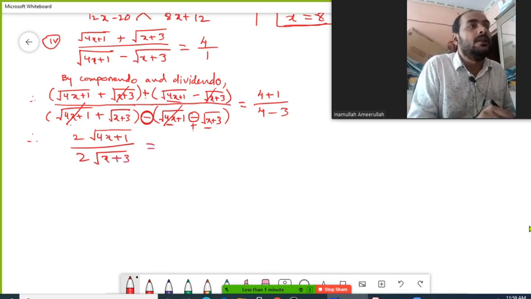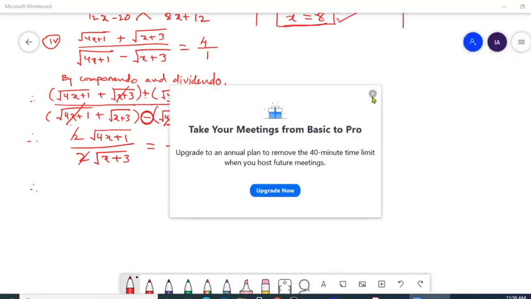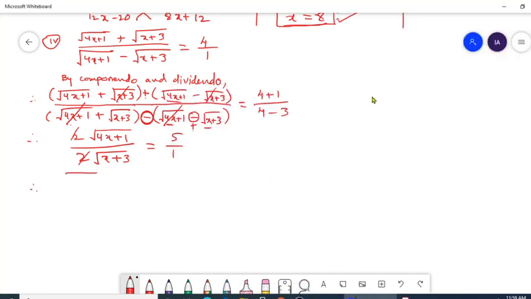On the other side it will be 5 upon 4 minus 3, that is 1. Now 2 will cancel. So your final expression is root of 4x plus 1 upon root of x plus 3 is equal to 5 upon 1.